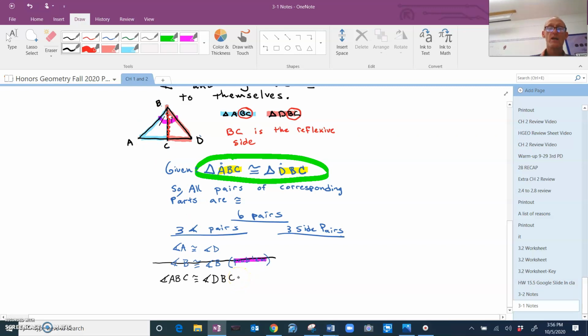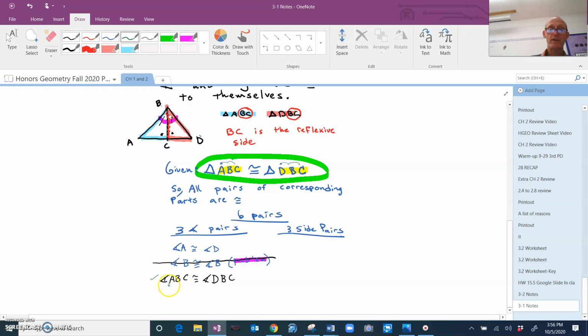Okay? And then the same thing goes for these two angles, this one and this one. Now you can see from the letters the order ABC, DBC in the angles. See them?